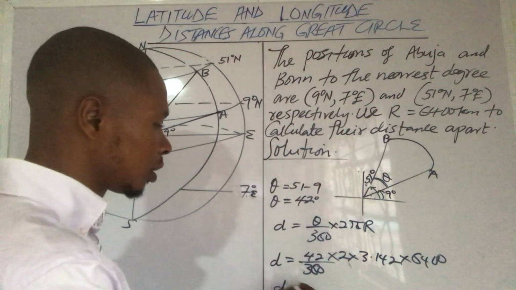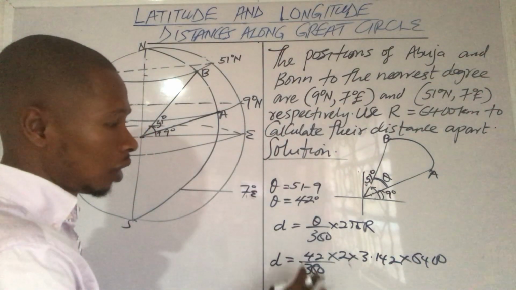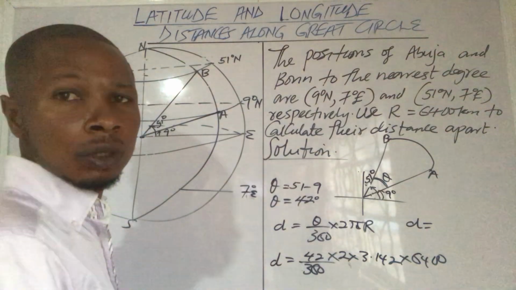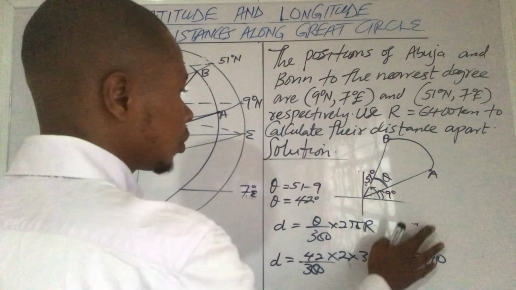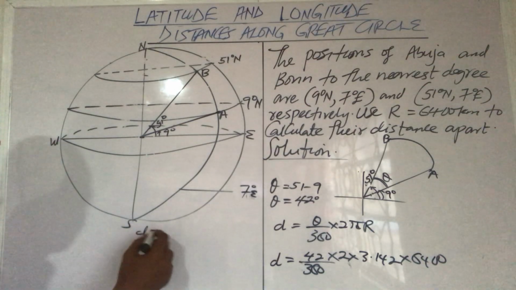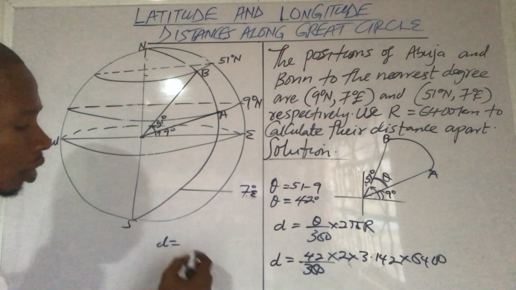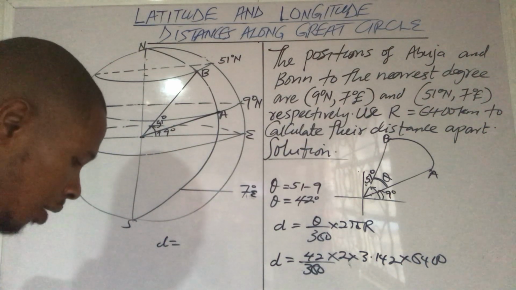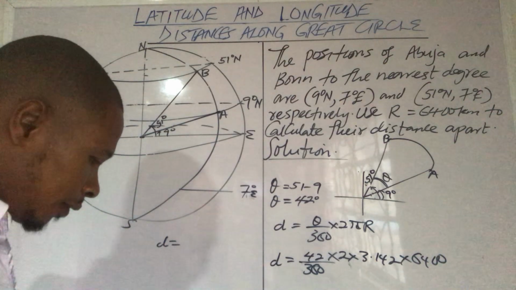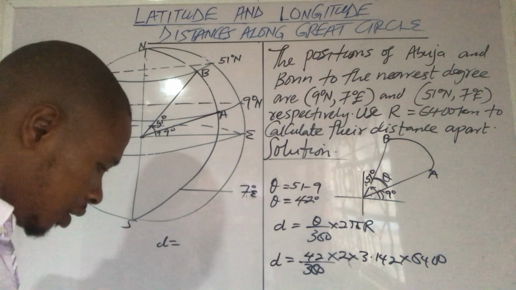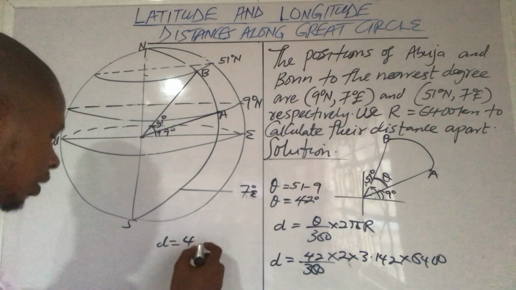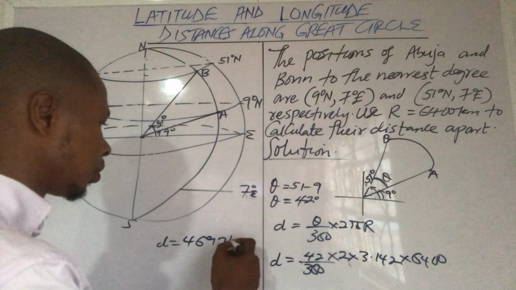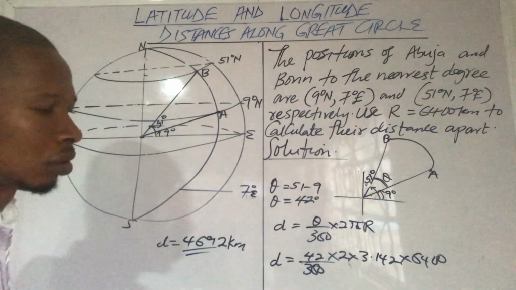If I multiply everything, my distance D will be equal to 42 times 2 times 3.142 times 6400 divided by 360. That will give me 1692 kilometers.